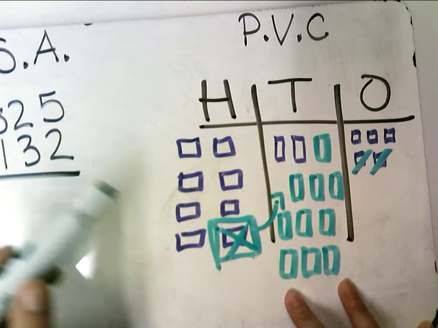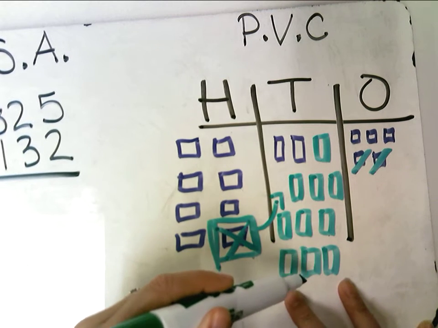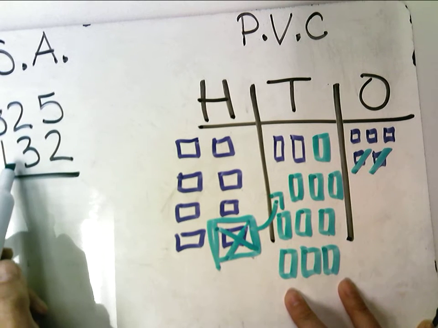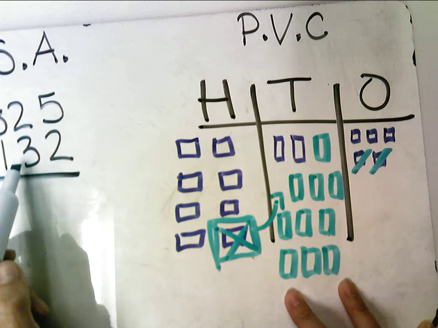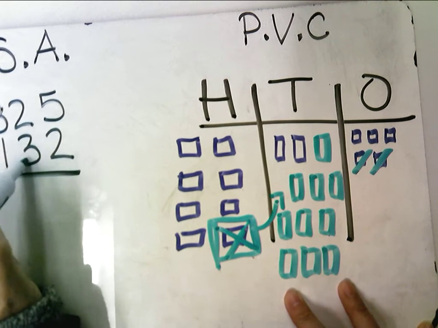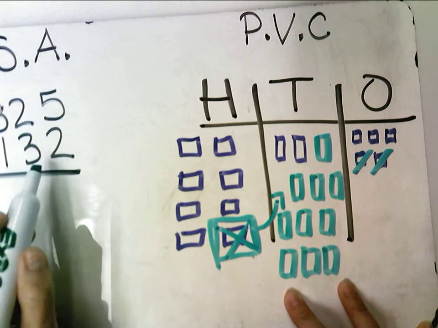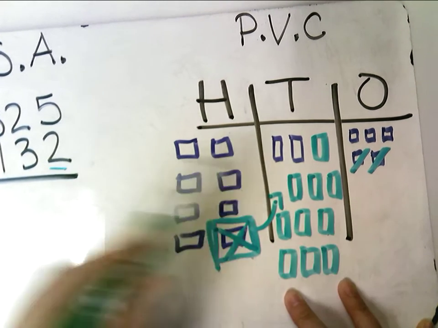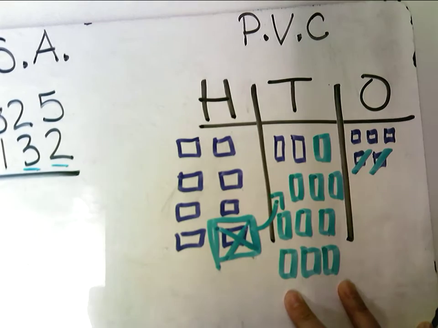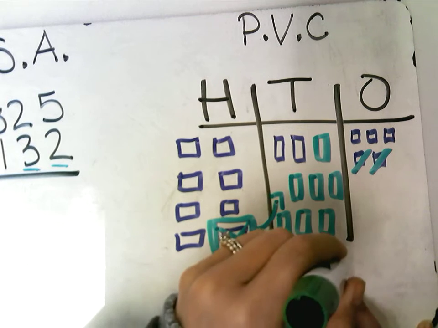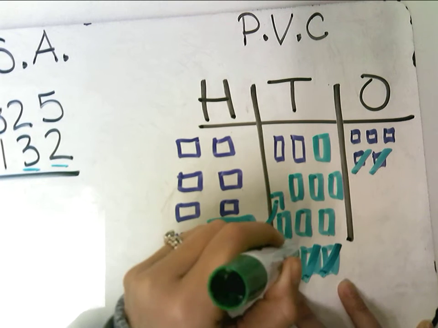But now that we have 12 tens, we got to look back over at our equation. Can we now take away 3 tens from 12 tens? Yes. So we've taken away our 2 ones. Now we have to take away our 3 tens now that we've unbundled. So here's 1, 2, 3.